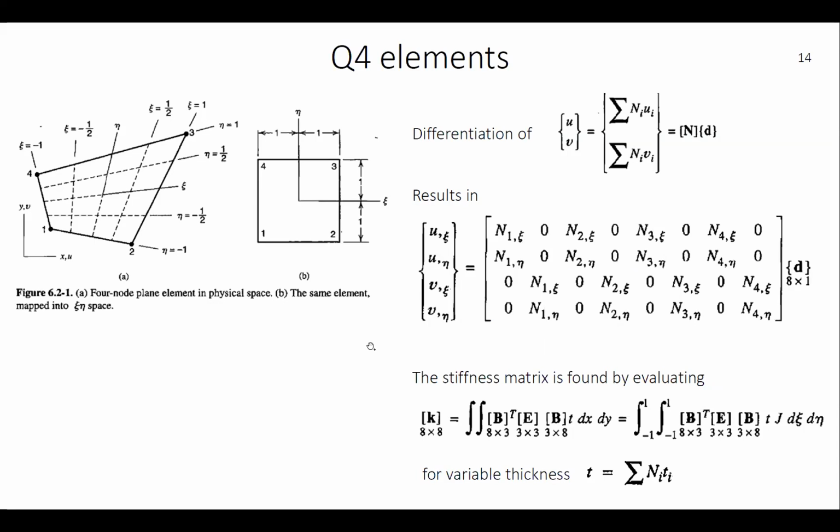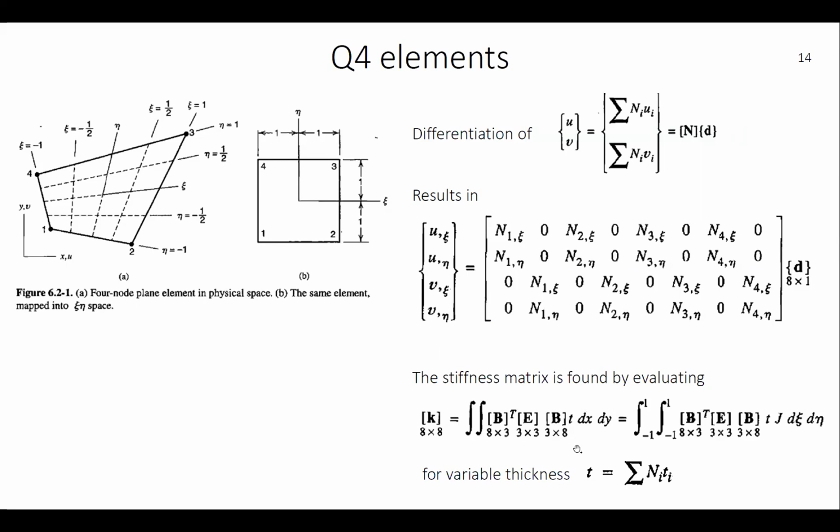So now we actually have all the components in order to assemble the stiffness matrix. The B matrix will be an 8x3 matrix. E, being the constitutive matrix, is 3x3 for plane strain or plane stress. We multiply with the thickness in the case of plane stress.